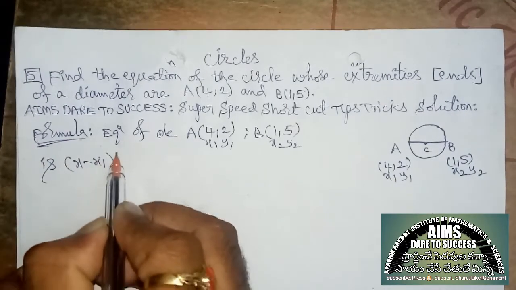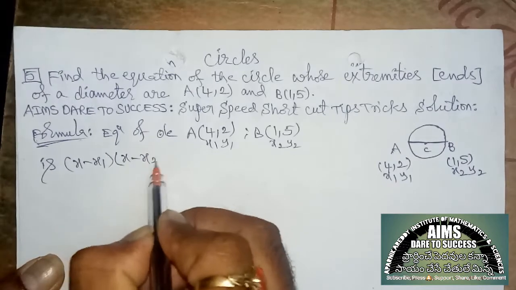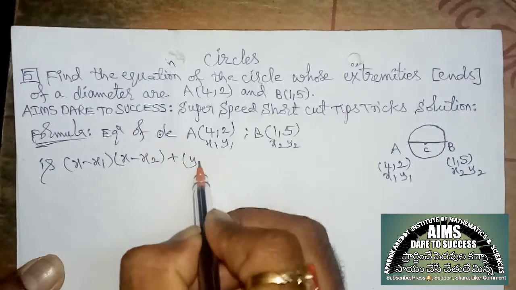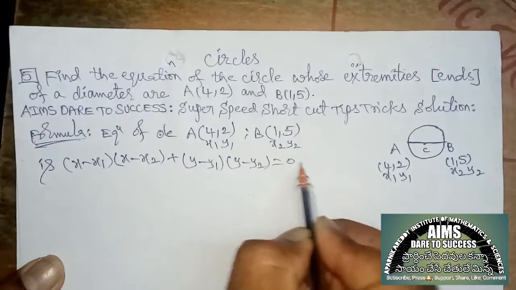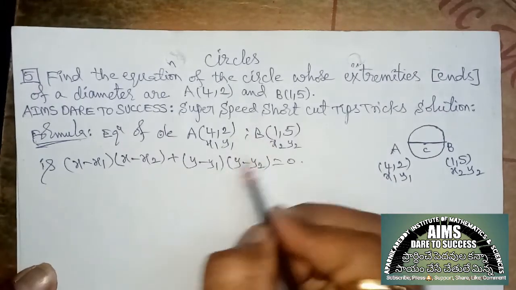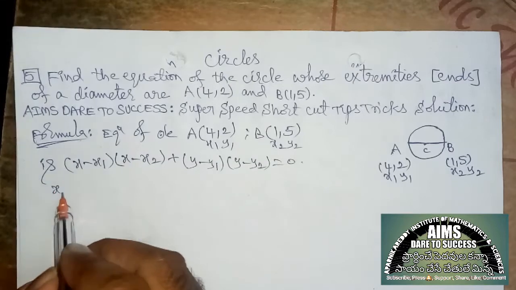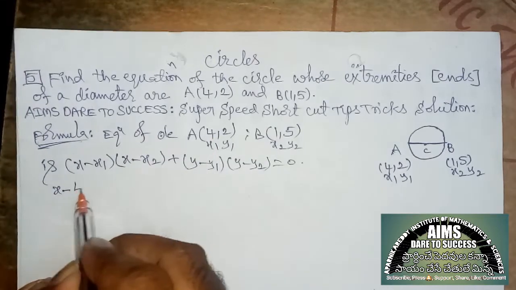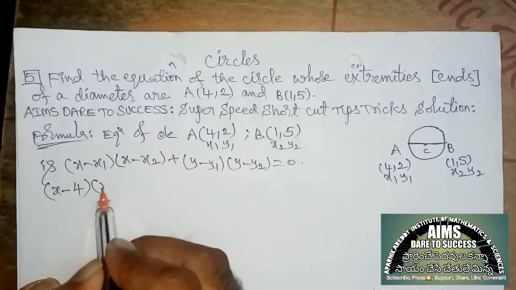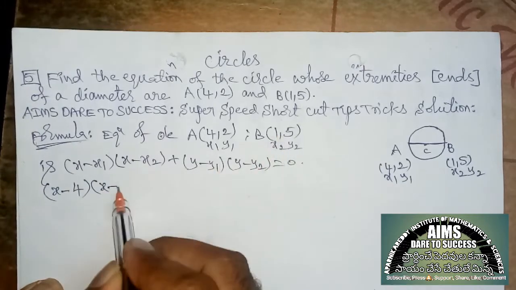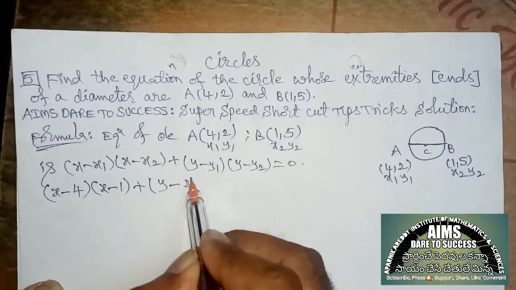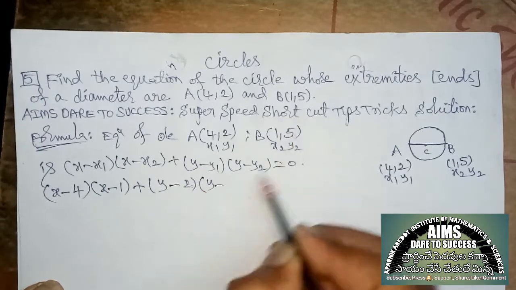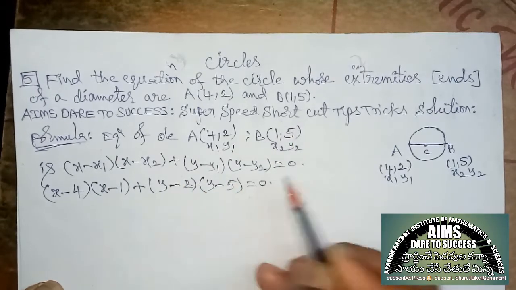Small and simple formula: (x minus x1) into (x minus x2) plus (y minus y1) into (y minus y2) is equal to 0. Normal substitution and simplification, we get (x minus x1 value is 4) into (x minus x2 value is 1) plus (y minus y1 value is 2) into (y minus y2 value is 5) is equal to 0.